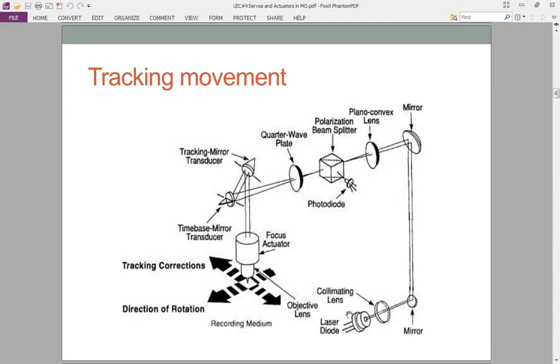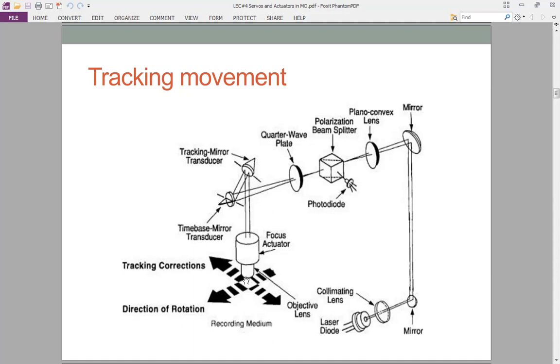All these other components we have already discussed, from the laser diode, the collimator, the beams, the beam splitter, mirrors, and so on. And then, of course, we have a photodiode, which plays a very important role when it comes to the tracking and focusing servos. This is one thing that we will explain in detail when we reach there, the photodiode.